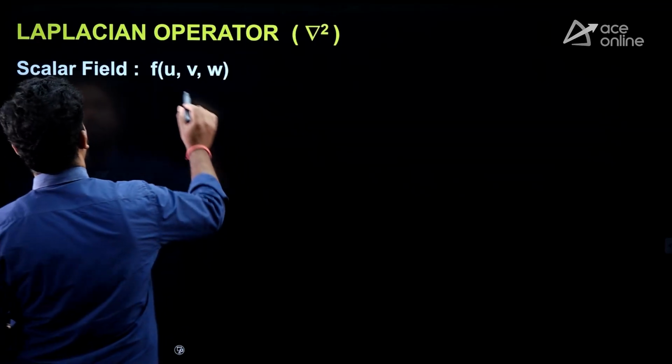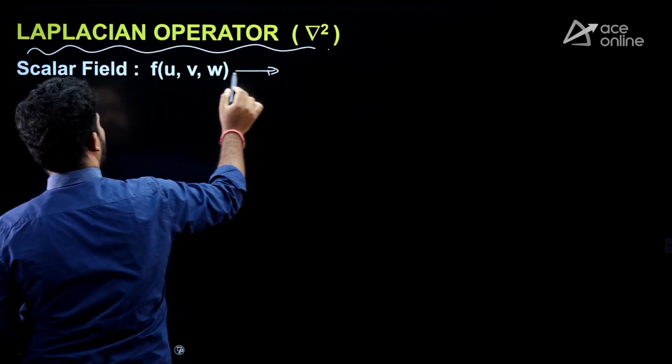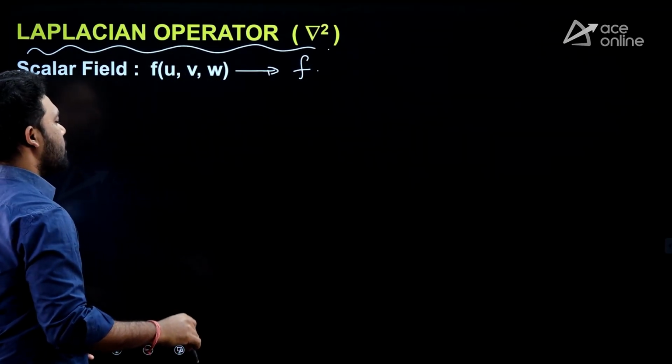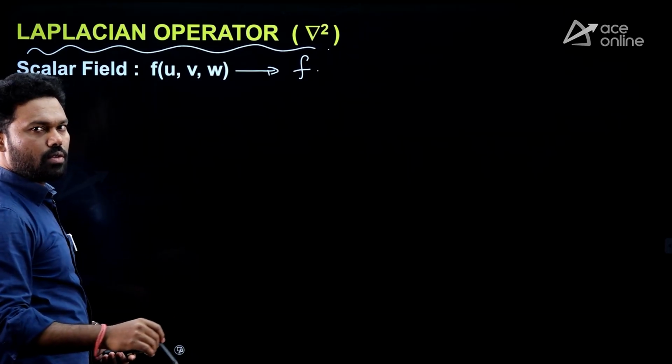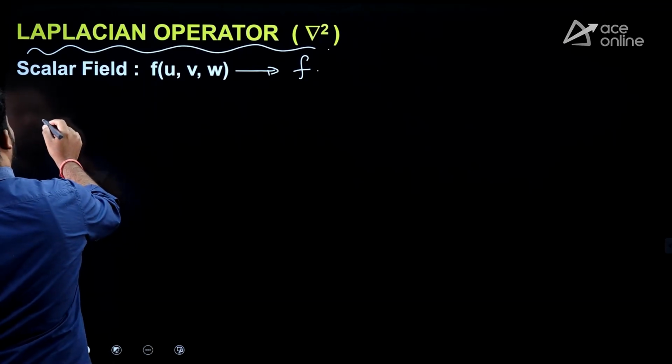Next, the last one is the Laplacian operator. I am defining it over the scalar field f, which is a function of u, v, w. It is a second order operator.